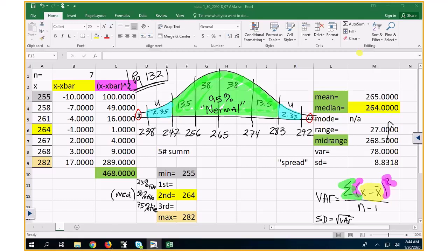Remember, I told you that the three in green were three different representations of the center. So in the empirical rule, you use the mean. In the 5-number summary, you use the median. On a number line, write this down. On a number line, you use the what?